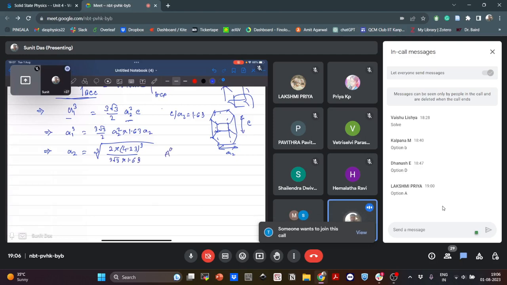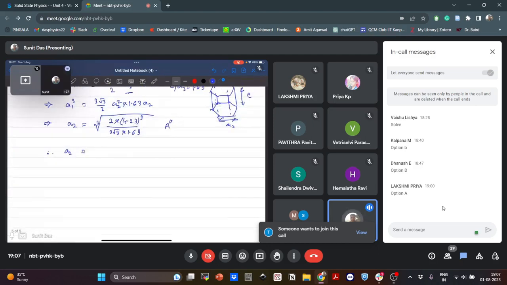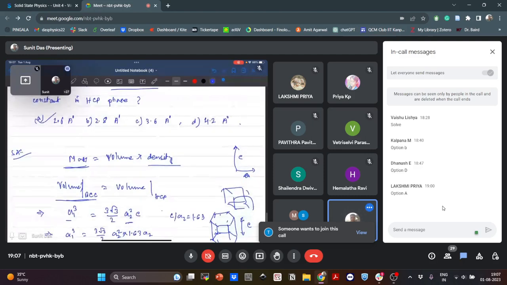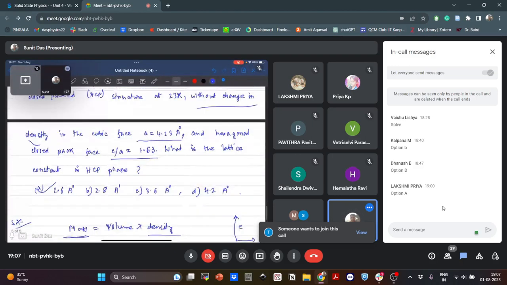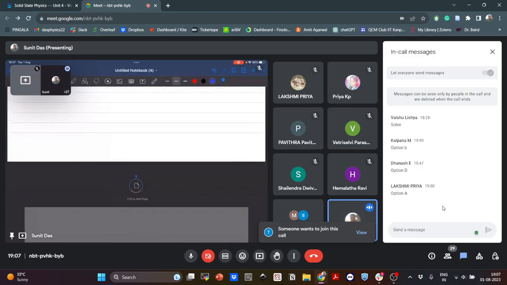This is also given in Angstrom. So by solving this, we'll get 2.61 Angstrom. That is option A is correct. So let's move on to the next problem.